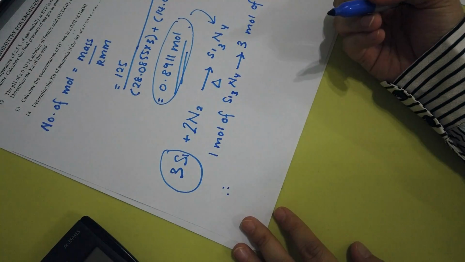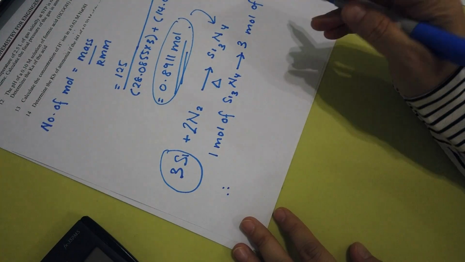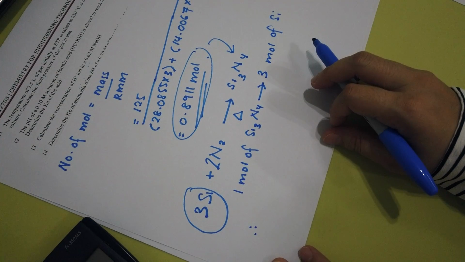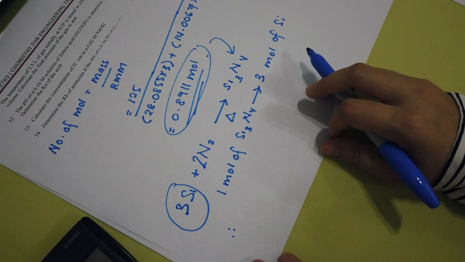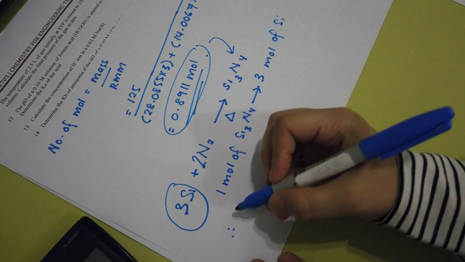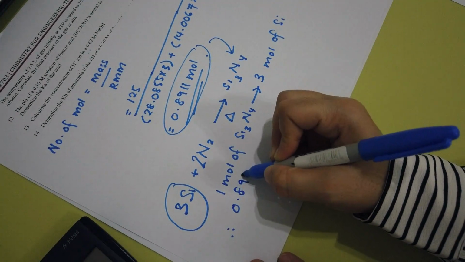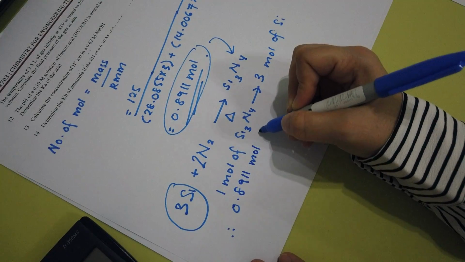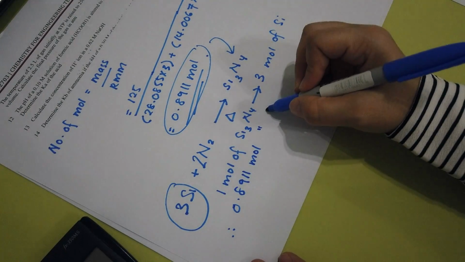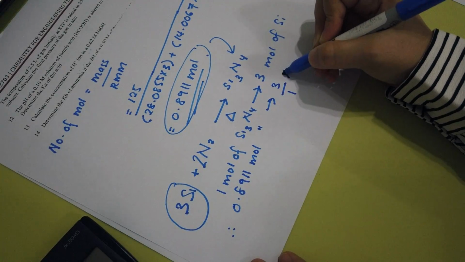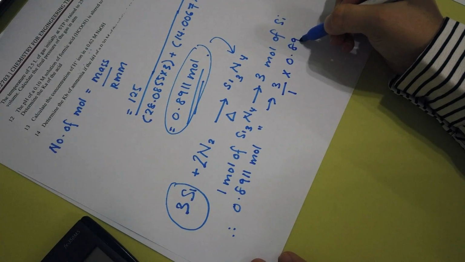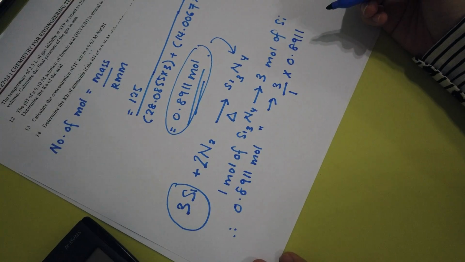So since you have prepared 125 grams of Si3N4, you have 0.8911 mole of this. So it means that it's 3 over 1 times 0.8911 mole of silica.